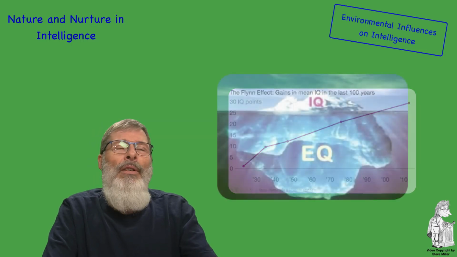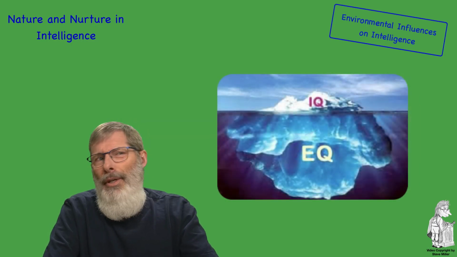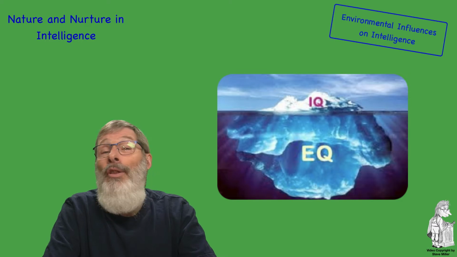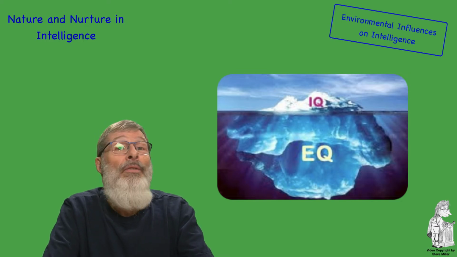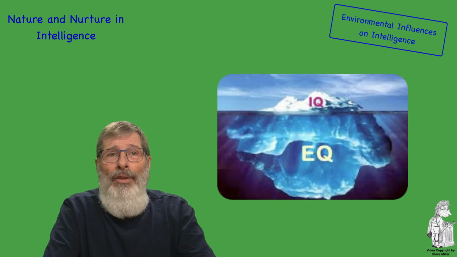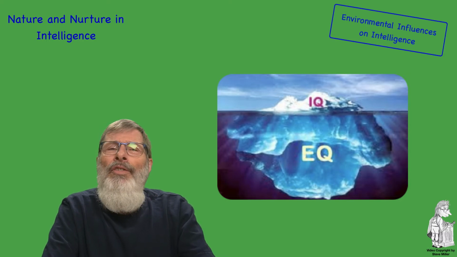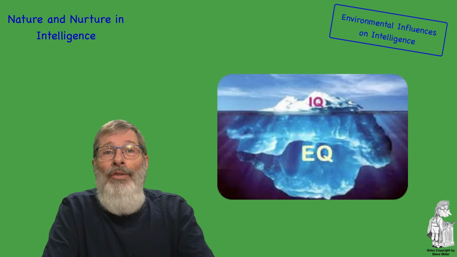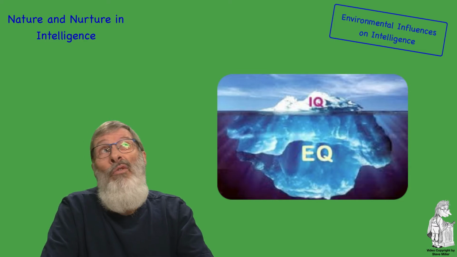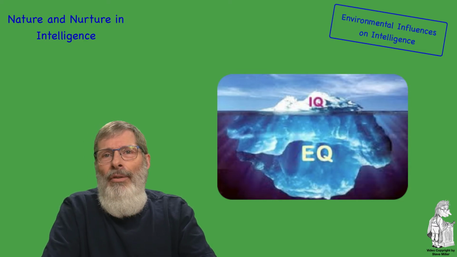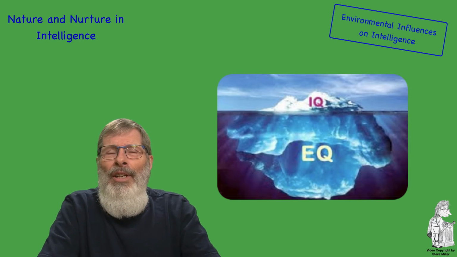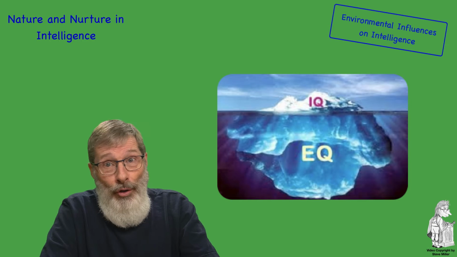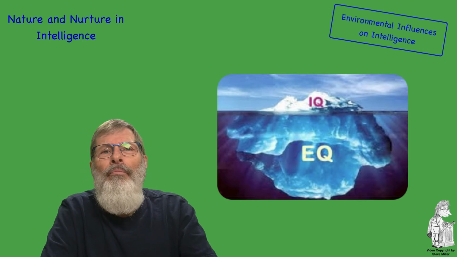Now, emerging later, in the last 25 to 30 years, has been another form of intelligence that's taken some front and center, and that is emotional intelligence. This is the social and emotional skills that are a form of intelligence. These are similar to Gardner's proposed intrapersonal and interpersonal skills.